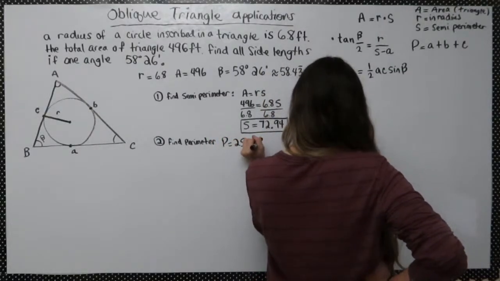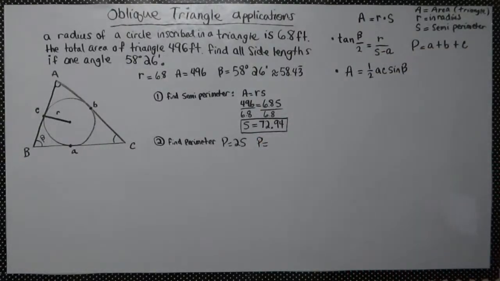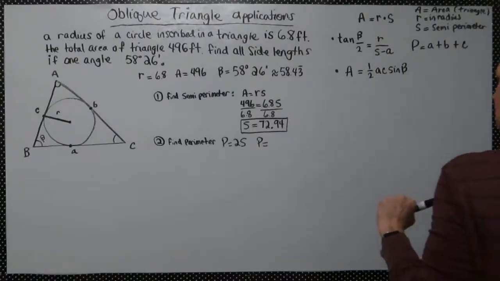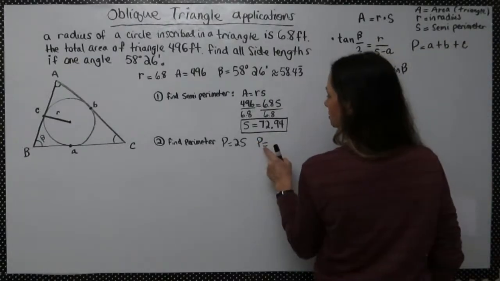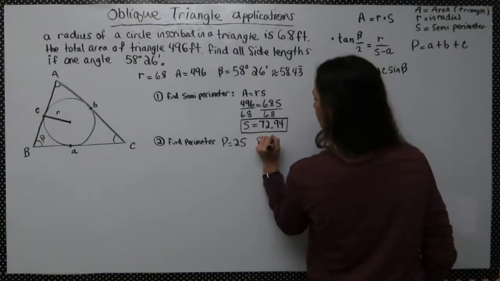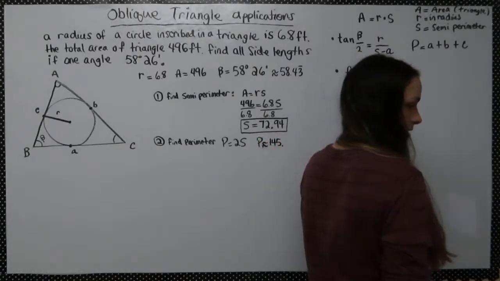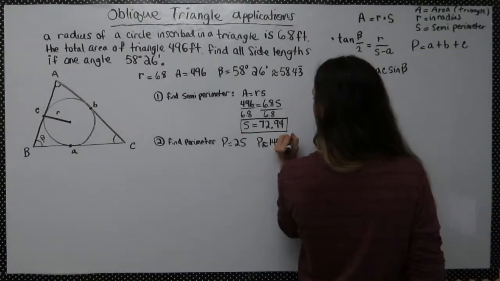So the perimeter equals 2 times 72.94, approximately 145.88. And we'll box that one as well.